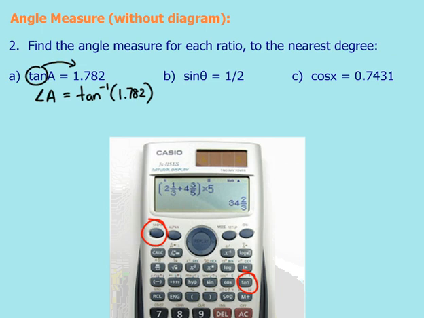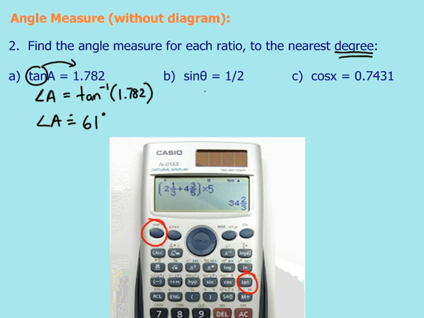So shift tan 1.782. And I'm getting to the nearest degree, so that's no decimal places, angle A is approximately 61. And don't forget your degree sign. It's just like centimeters. You need to add your units in. Okay? Let's try the next one.